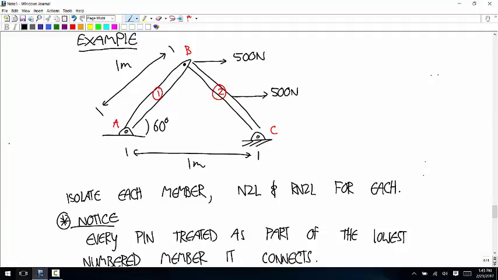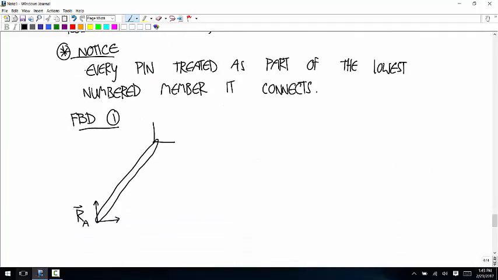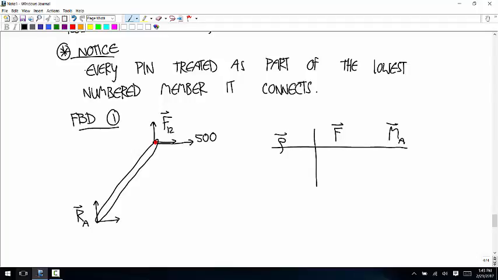Member 2 is touching the pin, and the 500 Newton force is touching the pin. So here we have the force on member 1 by 2. And we also have the 500 Newton force. And I'll put the about point here. So row vector, force vector, moment vector.